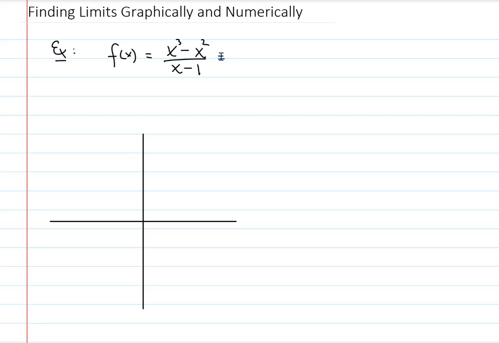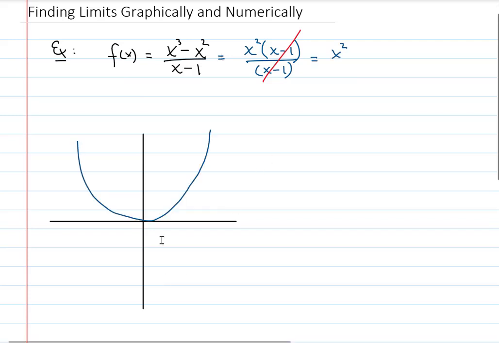The denominator is already factored, but you can pull out an x squared here. We have x minus 1, and we can see how we have a common factor here. We go ahead and cancel it out, so we really just end up with an x squared.